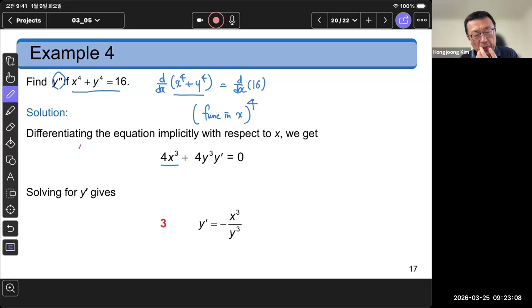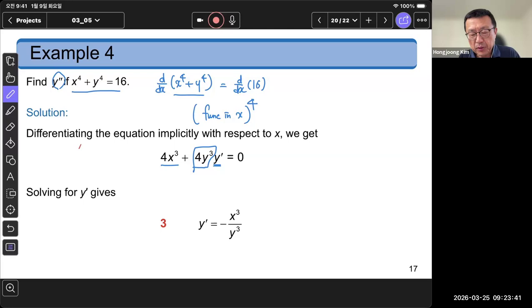So this is the composite of two functions. The inner function is y. The outer function is a power function, to the fourth. So by using the chain rule, the derivative of y to the fourth will be 4y cubed. That's the derivative of y to the fourth, right? Power function, evaluate this inner function, multiplied by the derivative y prime.